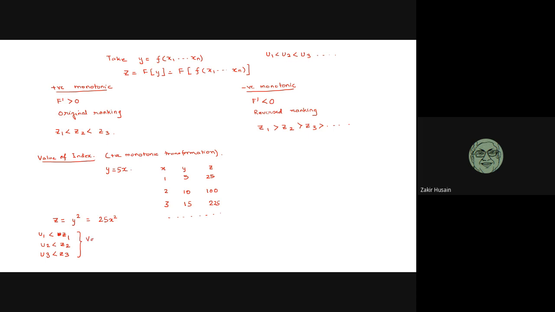So the value of the index of the function has increased. The values of z are greater than the values of y. The ranking is same, but all the values of z are greater than the corresponding values of y. Now, let us look at this function.